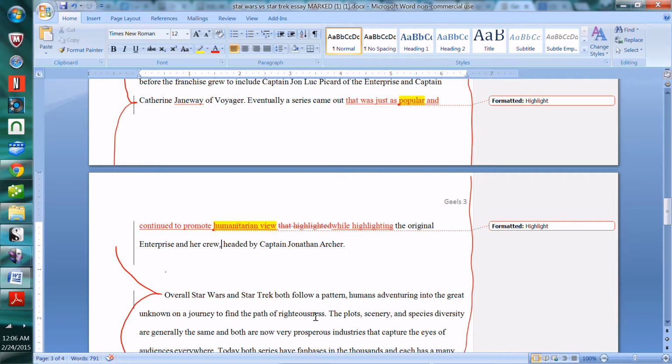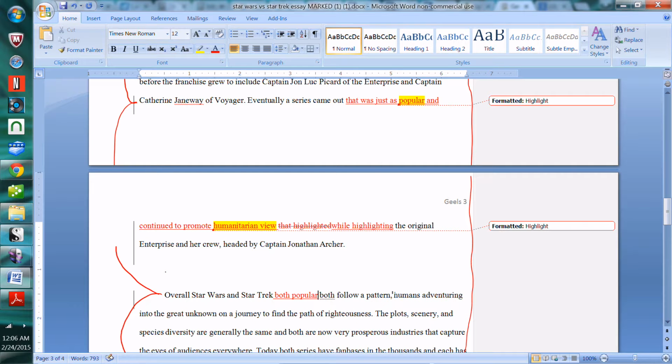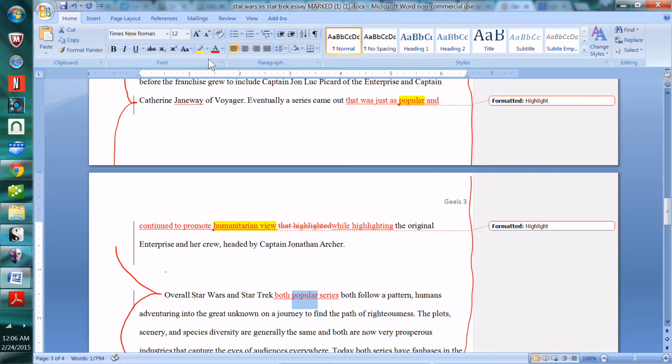Do we have any key ideas already in there? Overall, Star Wars and Star Trek, both popular series. So then I have popular. Overall, Star Trek and Star Wars, both popular series.